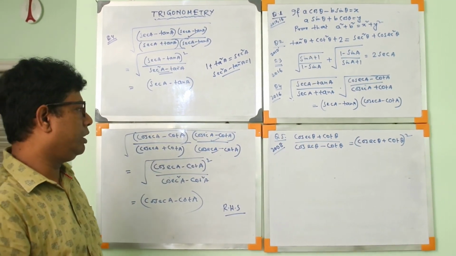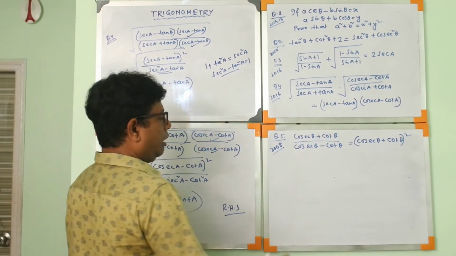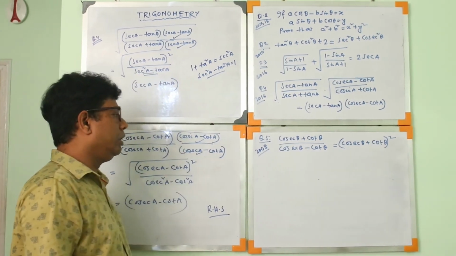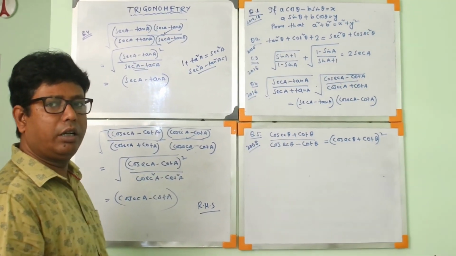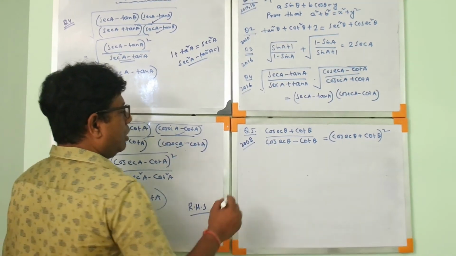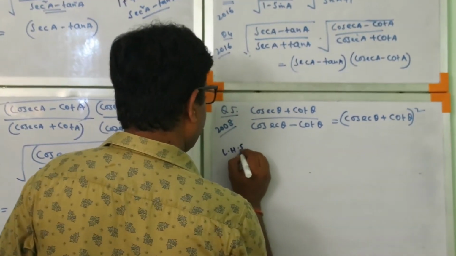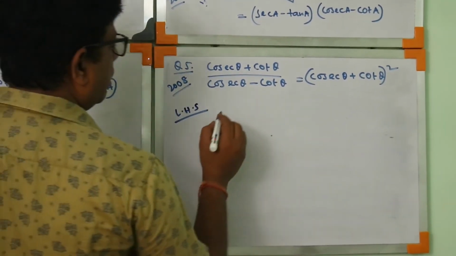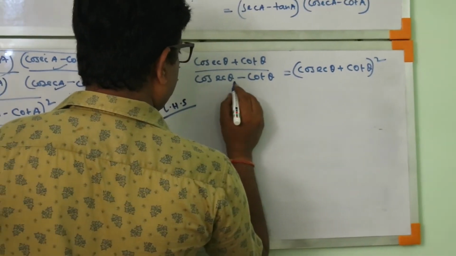This will be equal to (cosec theta plus cot theta) divided by (cosec theta minus cot theta). CBSE 2008. Taking the left hand side, this is (cosec theta plus cot theta) divided by (cosec theta minus cot theta).